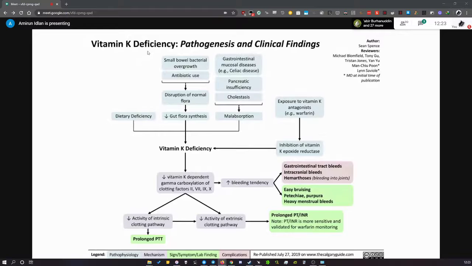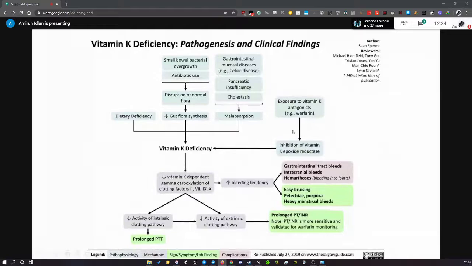Because there are no bacteria, there will be no vitamin K production at that time, so there will be vitamin K deficiency. Another reason is when a mother uses antibiotics during pregnancy, it also causes disruption of normal flora and reduces gut flora synthesis. Therefore, there will be vitamin K deficiency, which is vitamin K2.